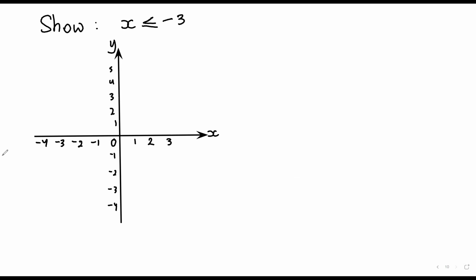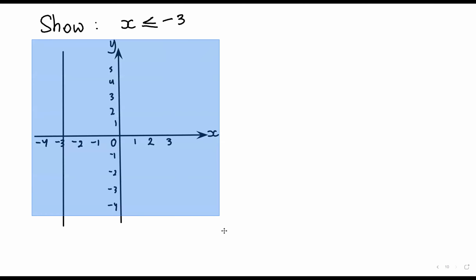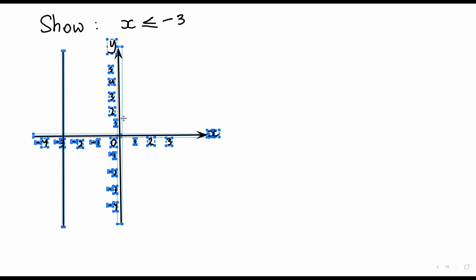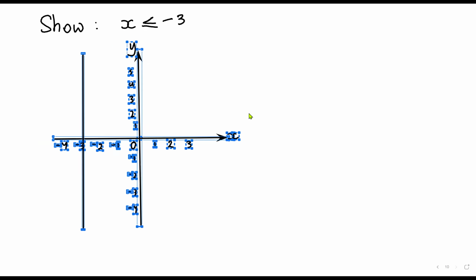If I want to show where x is less than or equal to -3, it's an inclusive inequality. The first step is to sketch the line x is equal to -3, which is going to be a vertical line passing through x is equal to -3. It's a solid line, guys, so it's not a broken line. For inclusive inequalities, that is greater than or equal to or less than or equal to, you have to use a solid line.